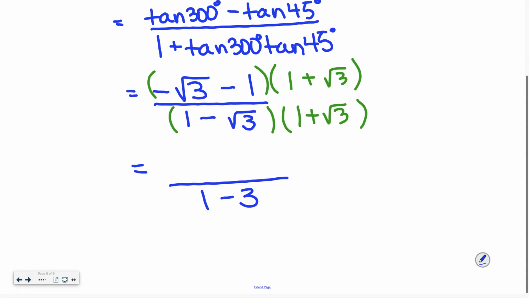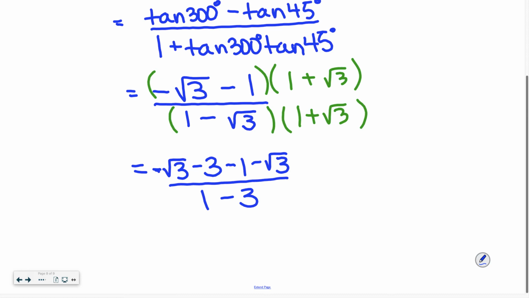Now we're not so lucky in our numerator. First times first is negative radical 3. Outside would be negative 3. Inside would be negative 1. And last would be negative radical 3. Questions on any of those numbers?